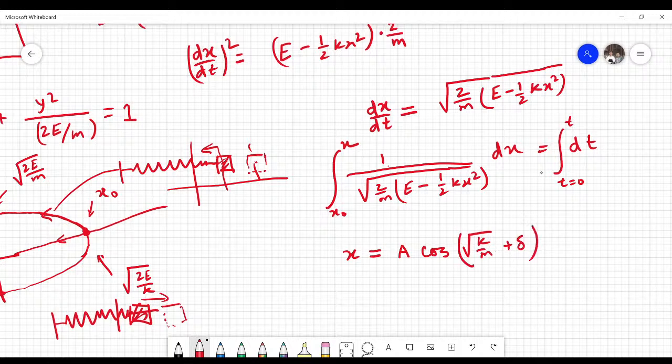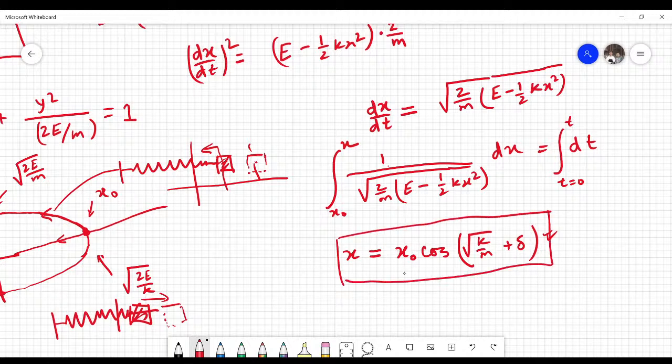So it's a standard integral. Actually I'm going to write it differently. Instead of A, I'm going to write it as x naught. So this is what you are going to get. Try it in your free time by yourself and see if you can get this result or not.